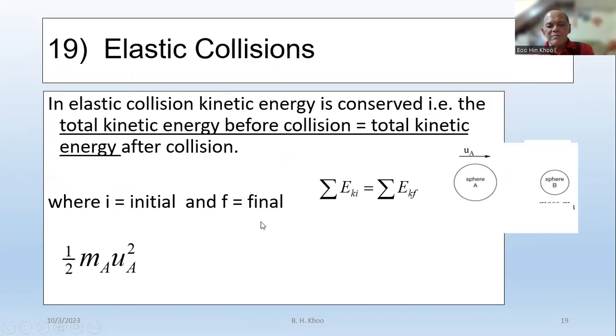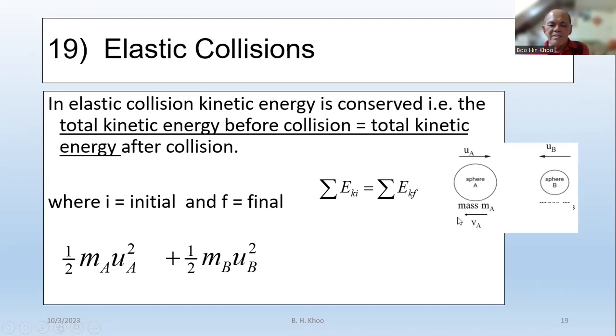We should be able to write for this case the kinetic energy of sphere A, half MA UA squared, and then for sphere B, plus half MB UB squared.